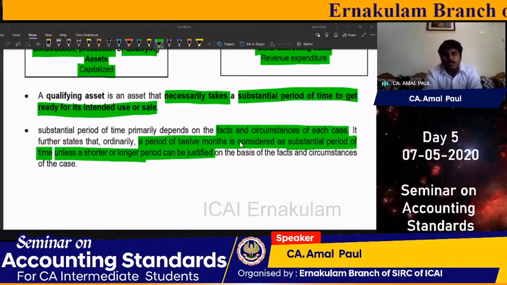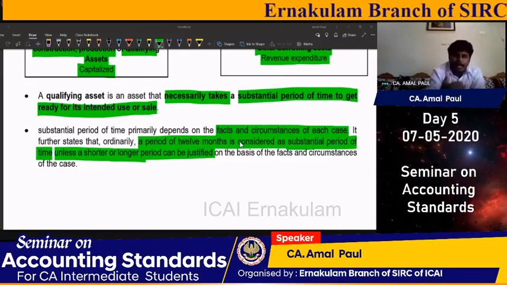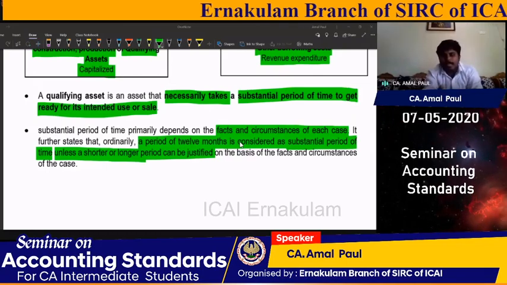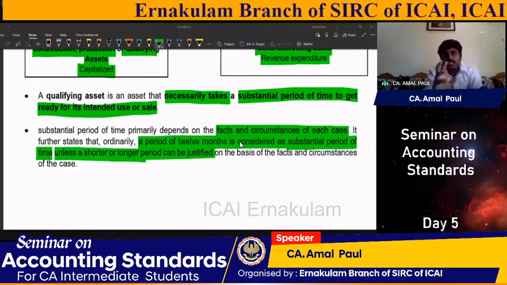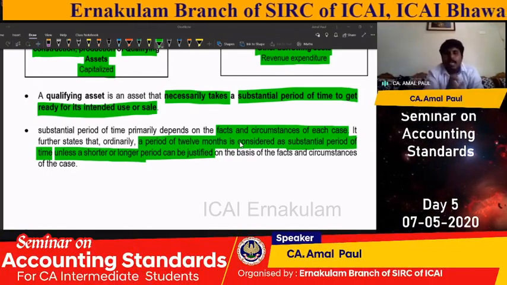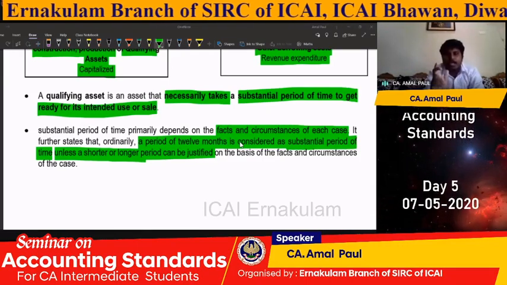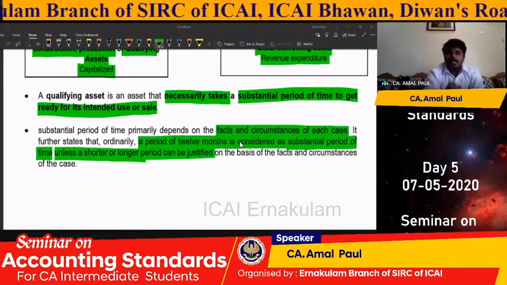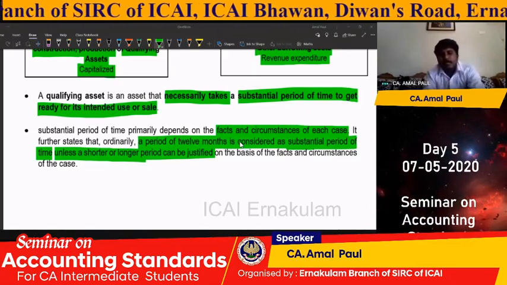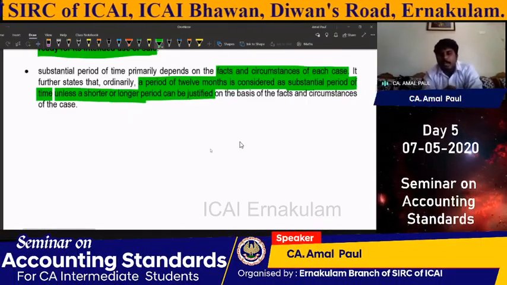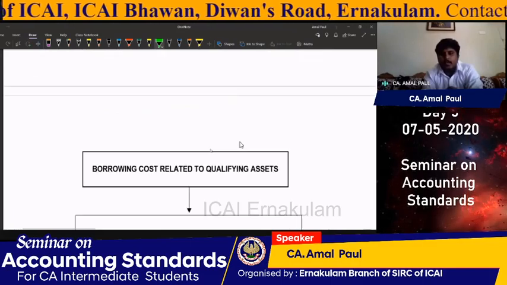Any of these three items may be a qualifying asset if a substantial period of time is taken for their construction, production or acquisition. So this is your qualifying asset.